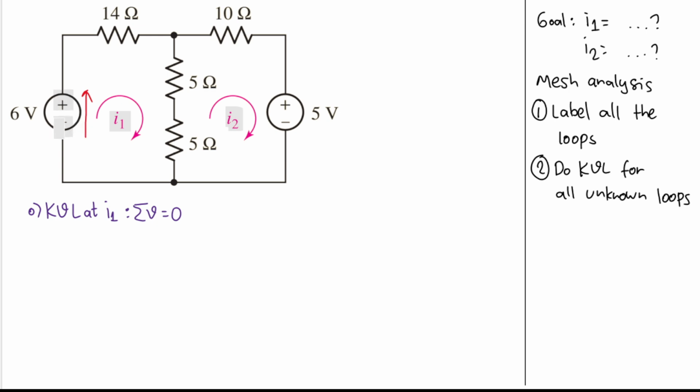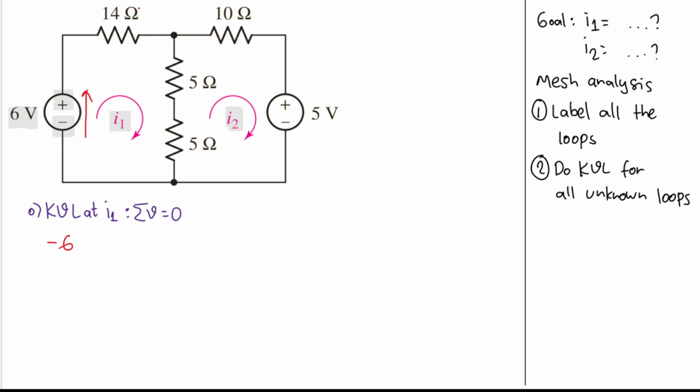Because it is flowing from the negative terminal, we have a negative sign. And then the magnitude is 6 volts. We are looking for voltage, and this is already voltage, so we can just write 6. So this one will be minus 6. Good, and we have done the first component.